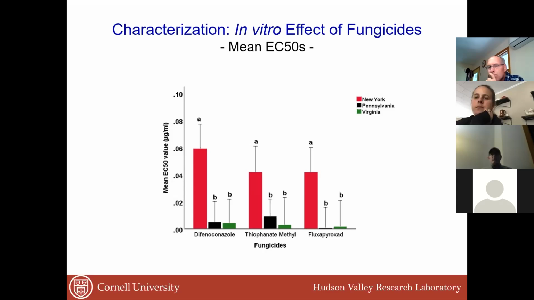But overall, the amounts of fungicides we use in the orchard for these 3 specific active ingredients we tested are much higher, and all these fungicides should be effective to control this fungus in the orchard. But we do see some different levels, indicating that there's a genetic background that might allow these fungi, at least isolates in New York, to potentially become resistant to these active ingredients.